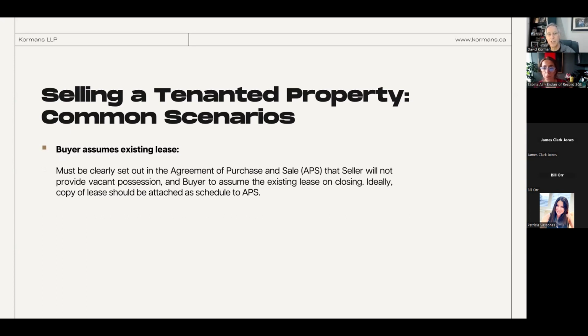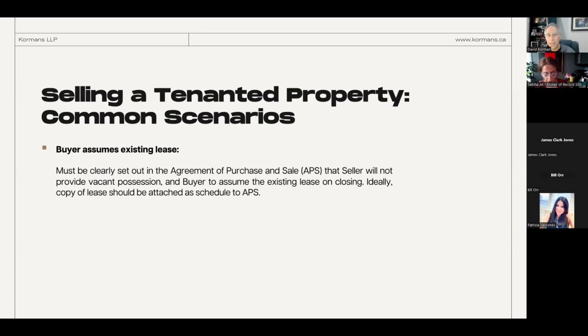So if the intention is that vacant possession is not going to be provided because there's going to be a tenant in there on closing, and you want the buyer to assume that tenancy, make sure it's clearly set out in a schedule to the agreement of purchase and sale that the buyer is going to be assuming the existing lease on closing. And it's good to have either a copy of the lease attached to the schedule or a summary of the basic lease terms for the tenancy that they're going to be assuming.